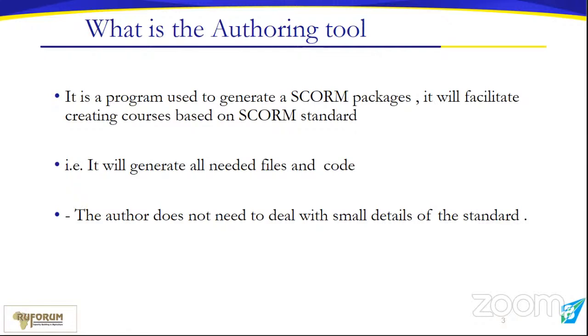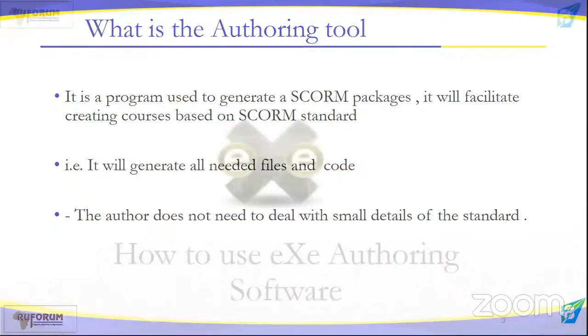It generates the needed file or files and the code, which is supposed to be added to the LMS. And you, the author, you don't need to deal with the small details of the standard. So you only concentrate on one part, which is putting up content. The platform has already been developed for us. It's an open source kind of platform, and that's what we use for us to be able to develop this content.